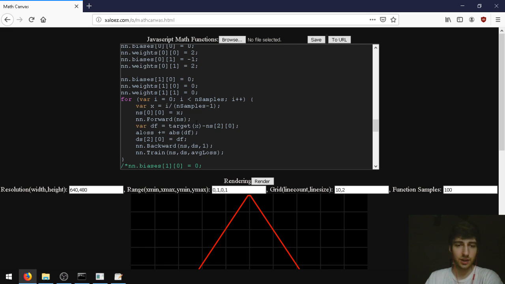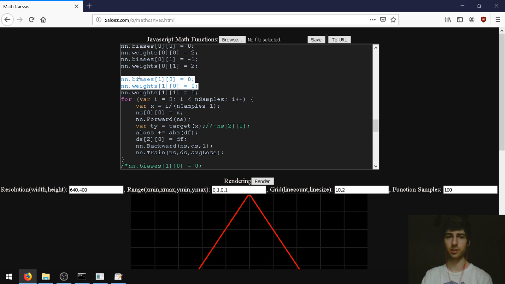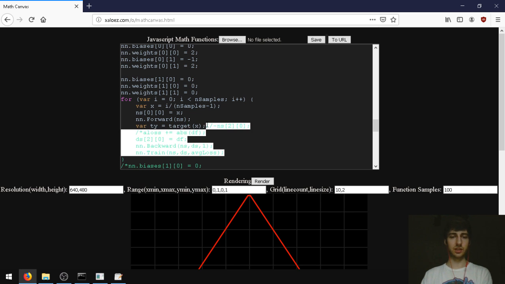Then instead of calculating the difference, we're going to get the target. And then we're going to sum the target times the output values to get the weights, or hopefully get the weights, is what I'm going to try to do. So I'm going to comment this out. Or actually just delete it.